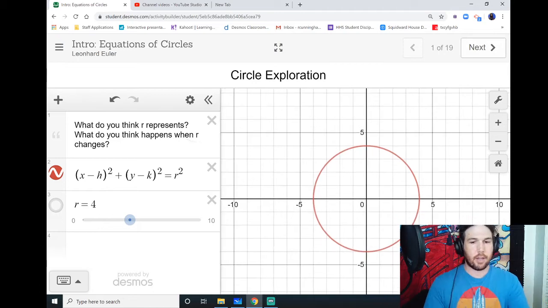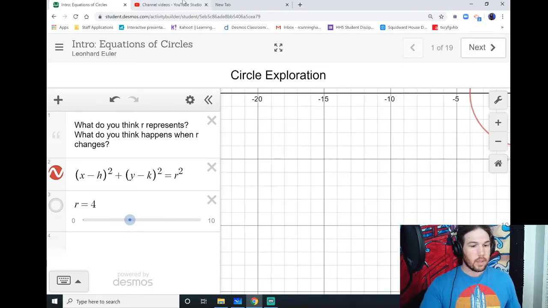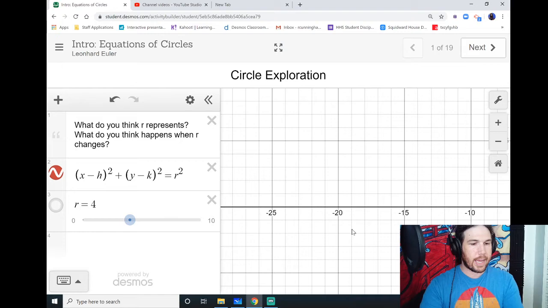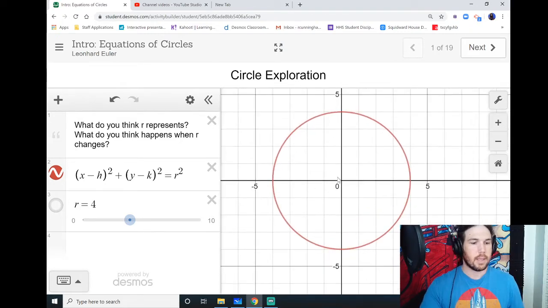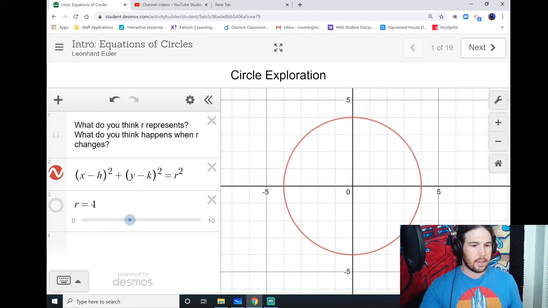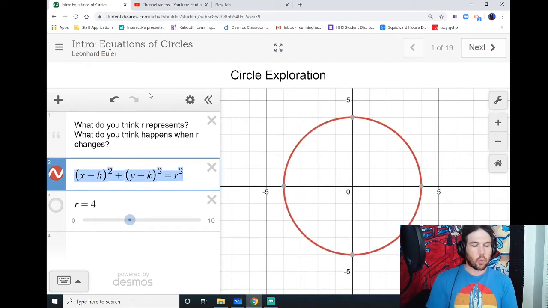Okay, so the first place I'm going to direct your attention. Take a look at this equation on the far left. It says (x minus h) squared plus (y minus k) squared equals r squared. This is going to be the equation that we are working with the entire time.